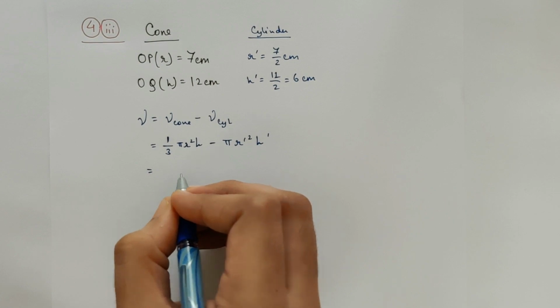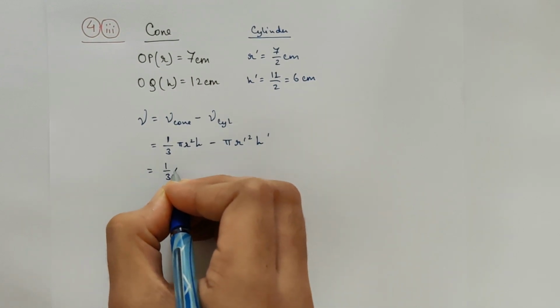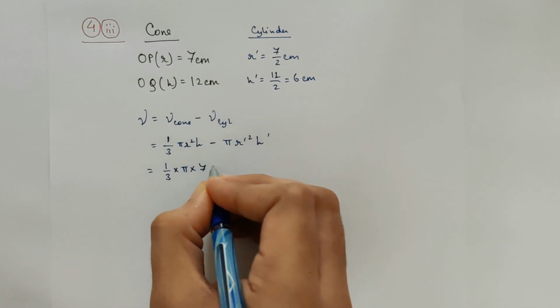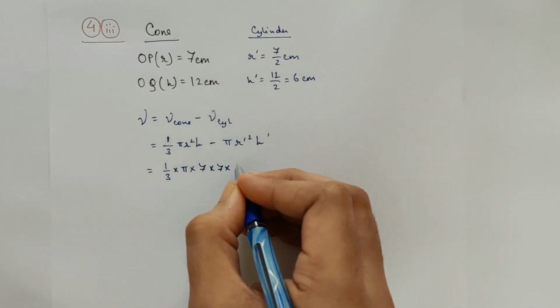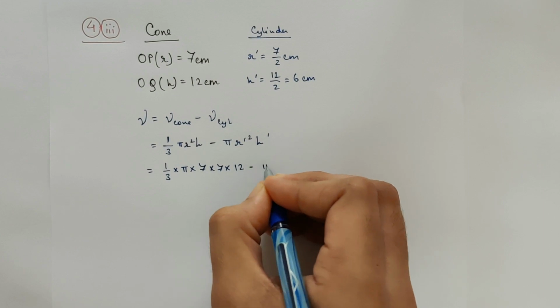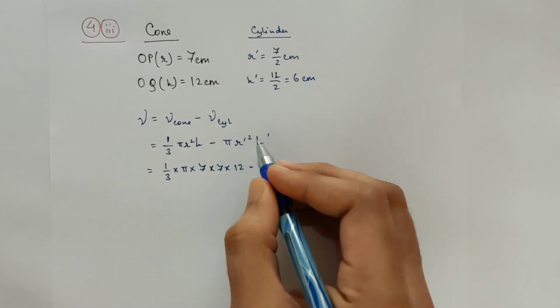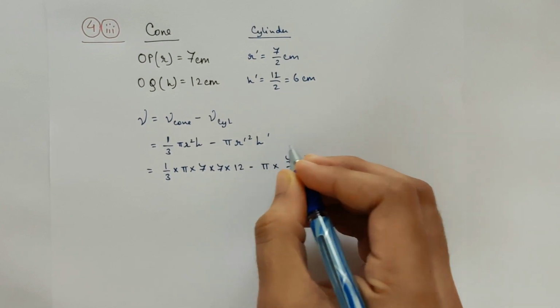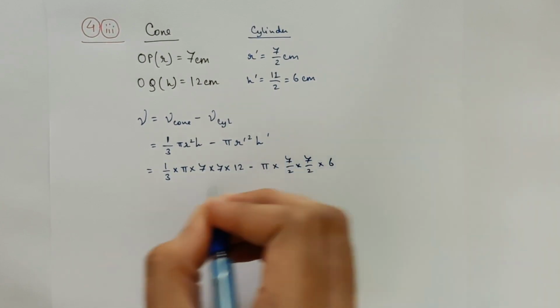So let's put all the values. 1/3 into, let's keep pi as pi over here, r square, that's 7 into 7, into h, that is 12, minus pi into r dash square, which is 7/2 into 7/2 into h dash, which is 6.